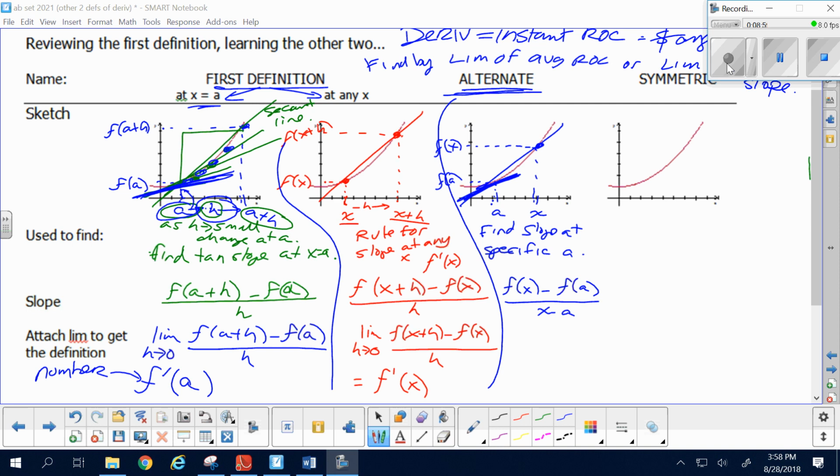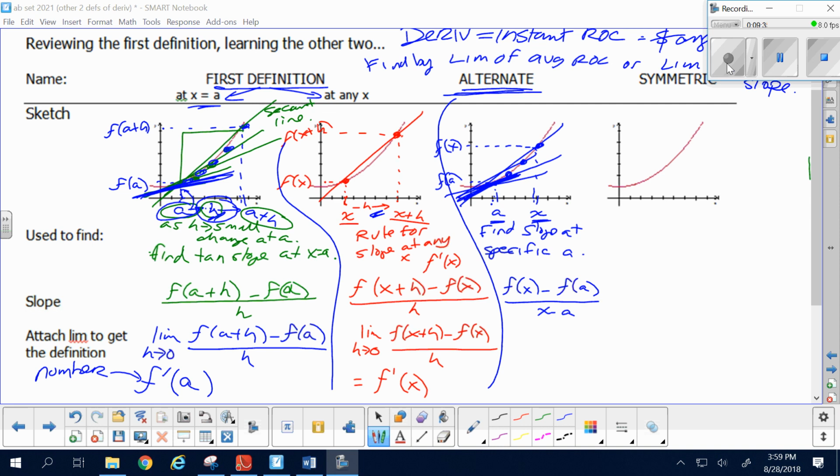Now, another difference besides that different looking slope is the limit. Over here, we had a gap that we made smaller and smaller, and it got the points closer and closer together. We're still going to take the points closer and closer together, but we're going to do it differently with the limit. Now, a can't move. It's a constant, so it doesn't go anywhere. But in terms of what can move, x is a variable, and so I could choose an x that's closer, draw the slope, or closer, draw the slope, or closer, draw the slope, and I would start to approach the slope at a.